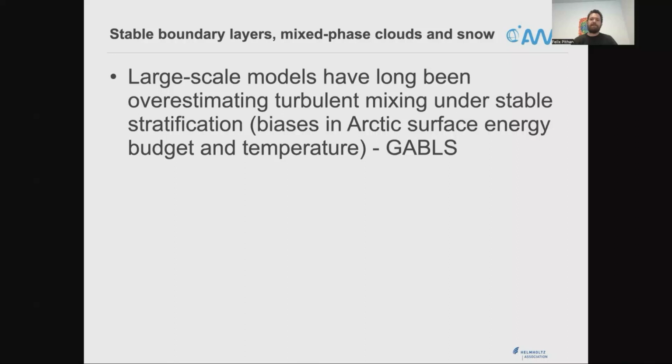Of course, that causes biases in the Arctic surface energy budget and in near-surface and surface temperatures. And the GABLS project has done substantial work on understanding those issues in the parameterization, alongside work on why that excessive mixing was needed in some cases to improve the representation of the large-scale flow.